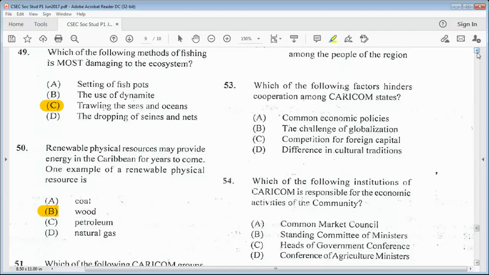So we know that it would be competition. Common economic policies would not hinder or prevent cooperation. Competition for foreign capital would hinder or prevent cooperation from CARICOM states. So C would be our answer.